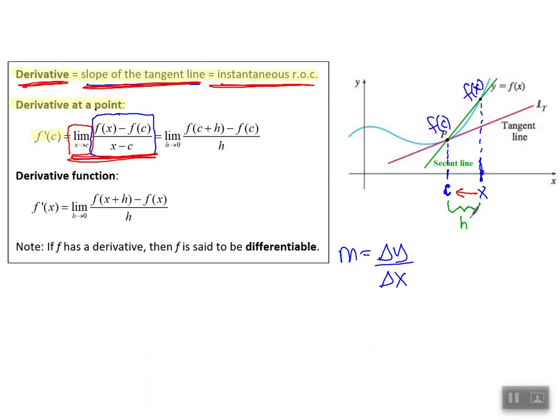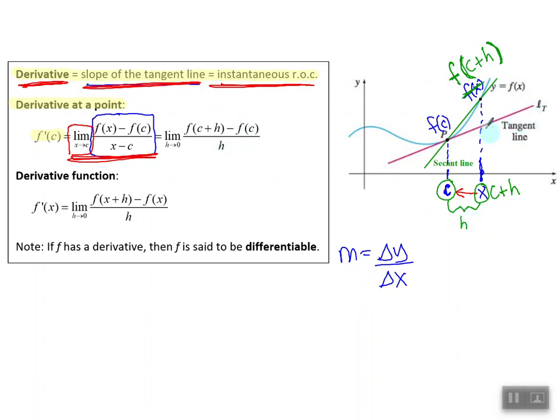So we can still call this f of c because I'm still going to call this x value c, but now instead I'm going to call this x value right here c plus h, the distance between those x values. So this y value up here becomes f of c plus h, and then our change in y becomes f of c plus h minus f of c, and our change in x is of course already defined as h.